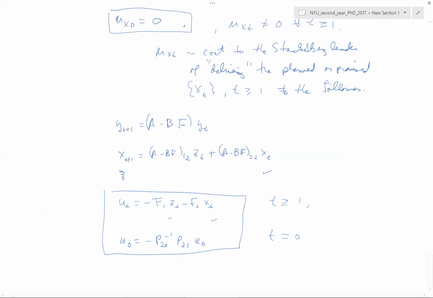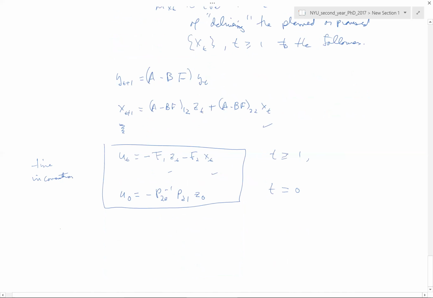And this is a telltale sign of the time inconsistency. Because, and I want you to think about this, a continuation of a Stackelberg plan is not a Stackelberg plan. So I want you to think about that. And ultimately the answer is, this is not this.